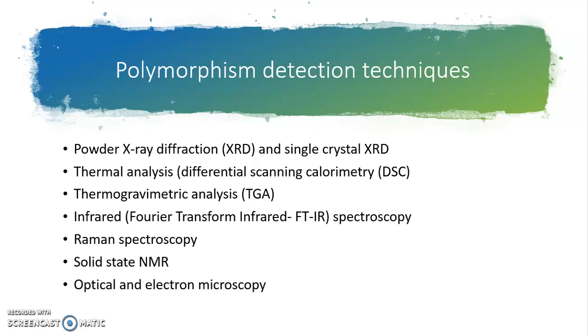Then in thermal analysis, the differential scanning calorimetry, this method measures the heat gain or loss by the system, which brings about certain physical or chemical changes within the sample, like dehydration initially, that is losing the water of crystallization or the solvent molecules of crystallization.